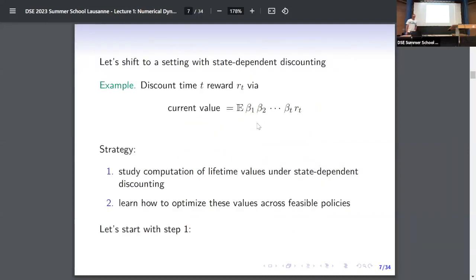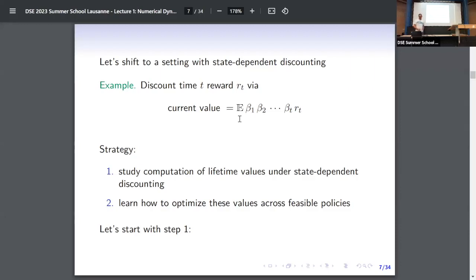Okay, so with state-dependent discounting, if I think of a time t reward, let's call it R_t, and I'm discounting it from the present, and I've got a discount factor that's moving around over time, the current value is going to look something like this. It's the expectation of this product of the time-varying discount rates times the reward function.